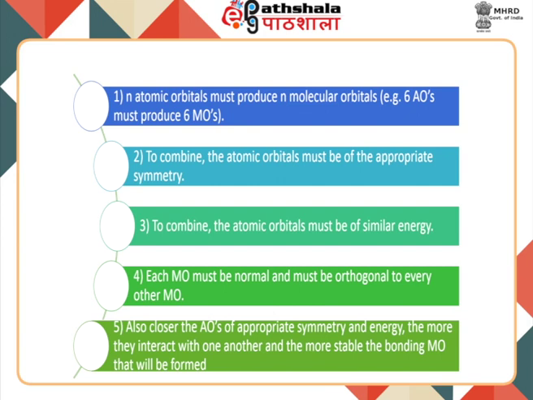For example, if we are combining 6 atomic orbitals, it will give us 6 molecular orbitals. Second, to combine the atomic orbitals, they must be of appropriate symmetry. The third rule says that we have to combine the atomic orbitals according to their similarity in energy. That is, both of them should be somewhat similar in energy, not too low or too high.